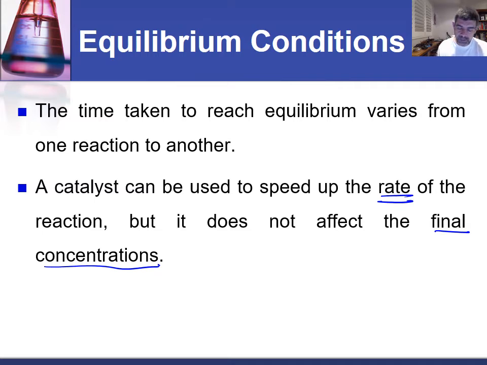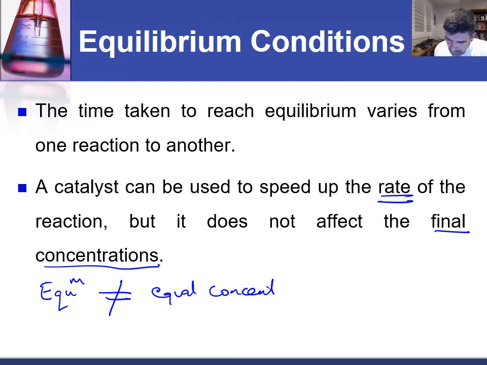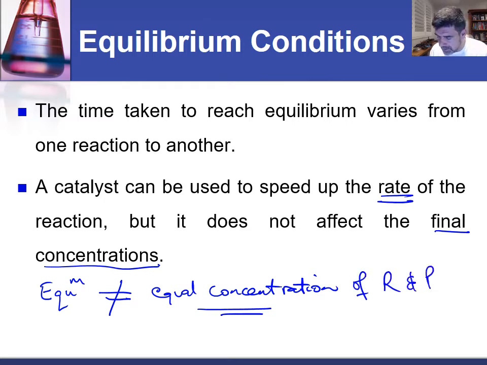And of course, one of the important things that we need to remember is equilibrium does not equal equal concentrations. While it's possible that an equilibrium system could actually reflect equal concentrations of reactants and products, it almost always doesn't. And most of the time we find that the concentrations of the reactants are greater or less than that of the products.